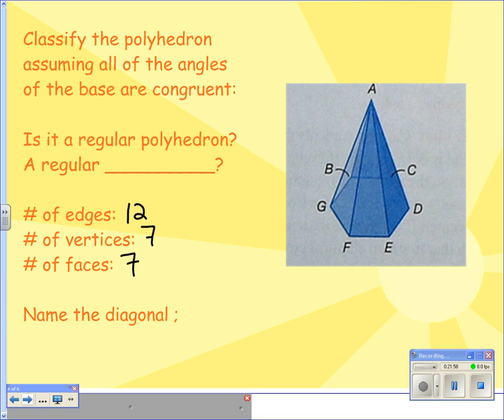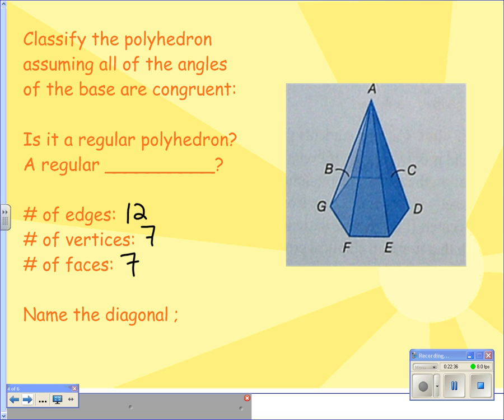Name the diagonal. Nope, not BA. Not BG. Look back at the definition of a diagonal. Using the points that they give you, because they're from a vertex to another vertex. No. I'm going to draw that one in.